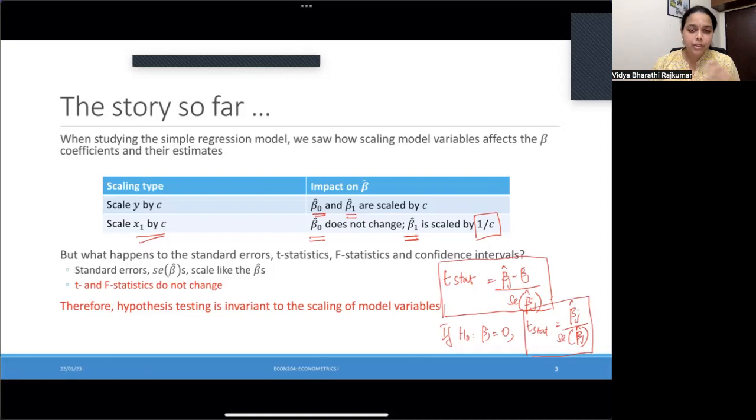Generally, when we refer to the t-stat, that's what we're talking about; there's an implicit assumption that the hypothesized value is 0. So look at the t-stat on the slide. If beta hat and standard error are changing by the same factor, then the t-stat is not going to change. So the t-stat remains the same, and therefore our hypothesis testing process doesn't change. Our statistical inference also remains what it was before the rescaling happened.